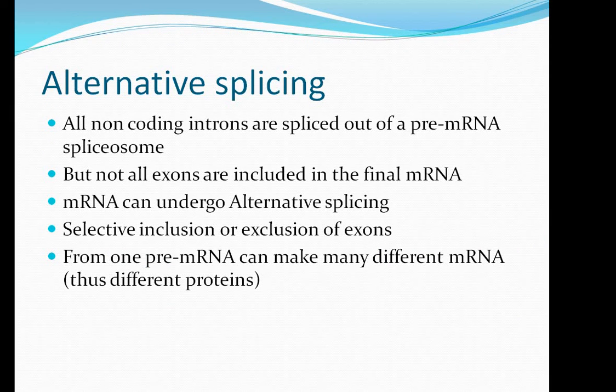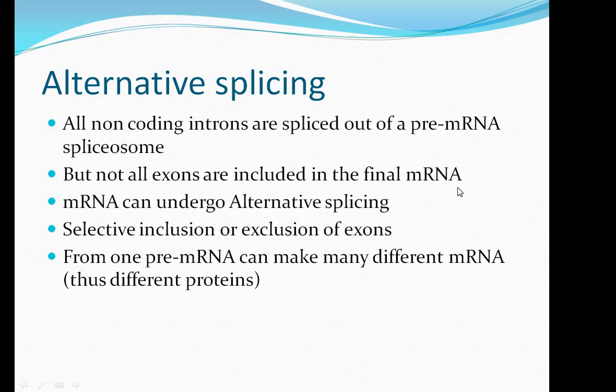There is another thing, that is alternative splicing, where all non-coding introns are spliced out by the spliceosome. It is a very large protein complex. It removes the introns from the pre-mRNA and puts together the exons to make the final mRNA.